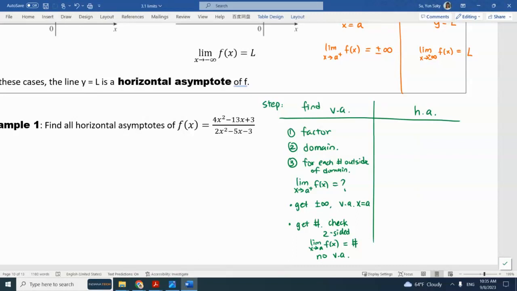Okay, that's for vertical asymptote. And horizontal asymptote, what do you do? You look at the dominant term of the numerator and the dominant term of the denominator.